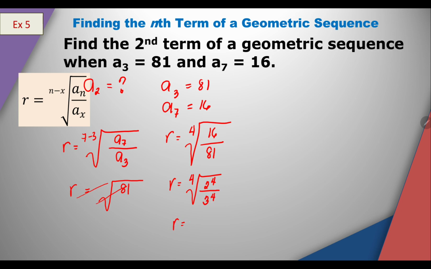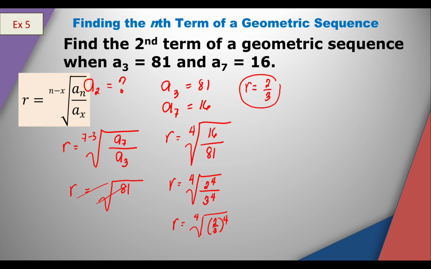Thus, by the law of exponents, we are getting the fourth root of (2/3) raised to 4, giving us what value of the common ratio? The common ratio would now be equivalent to 2/3. That is the common ratio because you're getting the fourth root of a power of 4, so you will just be arriving at the base.